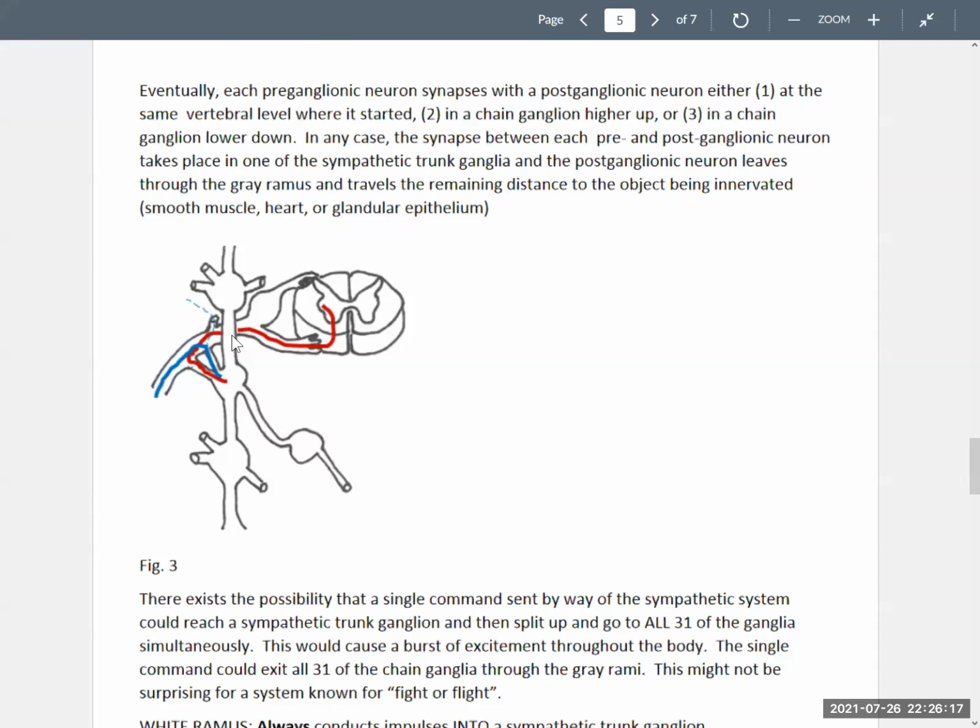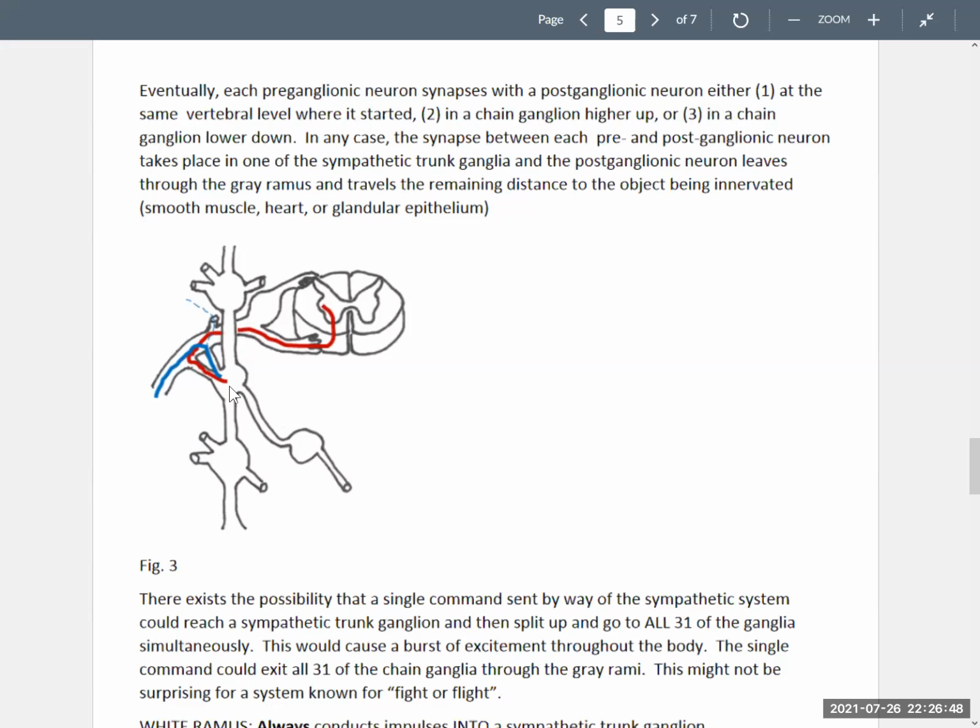If you only had one neuron, you have no combination of effects. By having a synapse here, or one farther down, the combinations are endless. You could be stimulating several organs. There's not just one organ in the digestive tract, for instance. It could be several. But you want some at this level.